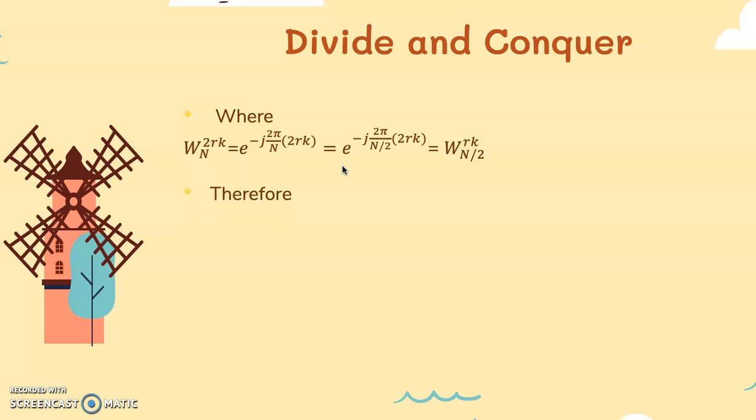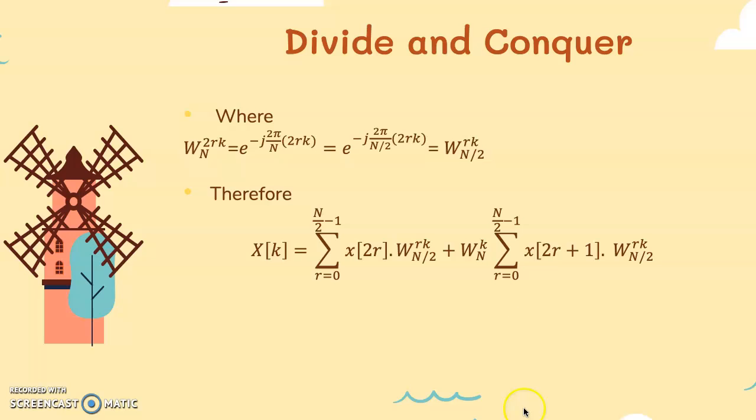Therefore, X[k] equals the summation from r equals 0 to N/2 minus 1 of x[2r] W_(N/2)^(rk), substituting in the equation, plus W_N^k times the summation from r equals 0 to N/2 minus 1 of x[2r+1] W_(N/2)^(rk).